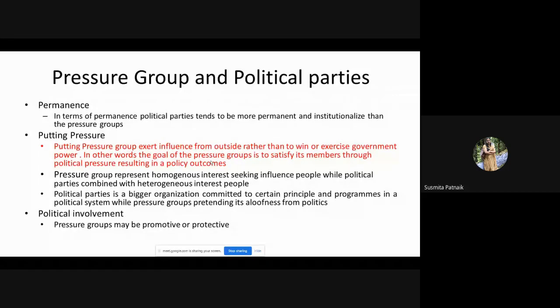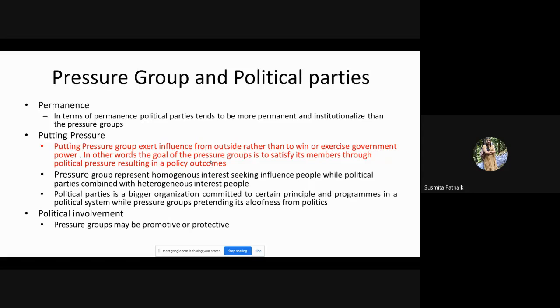But pressure groups are not members of any political party, nor do they want to capture power in the center. They never contest any type of elections, so they keep themselves aloof from party politics. They work in the legislatures only to put pressure upon public policy and get the public policy in favor of their interest.